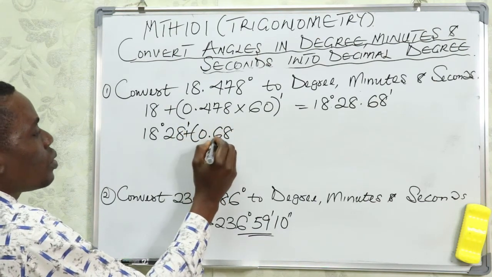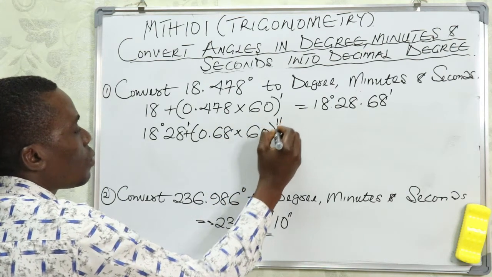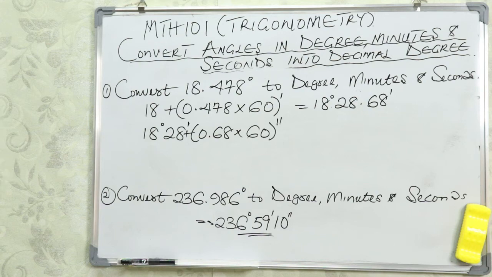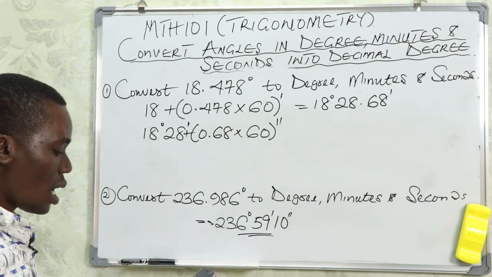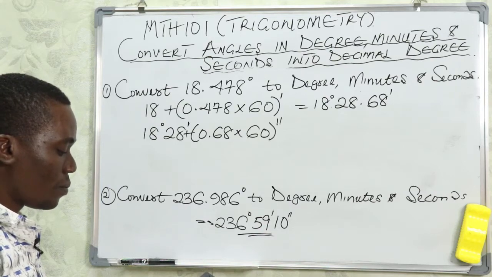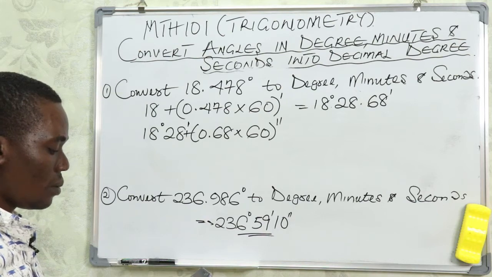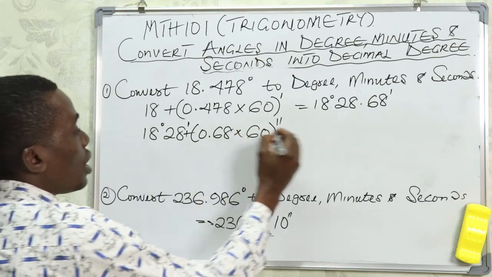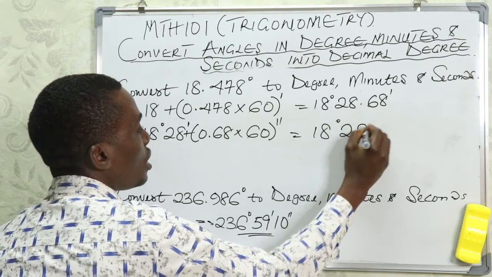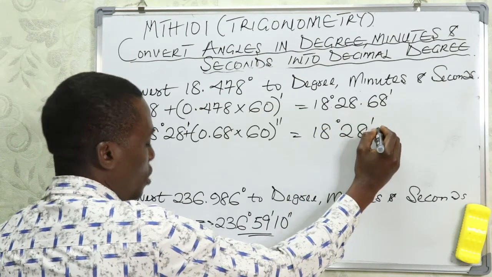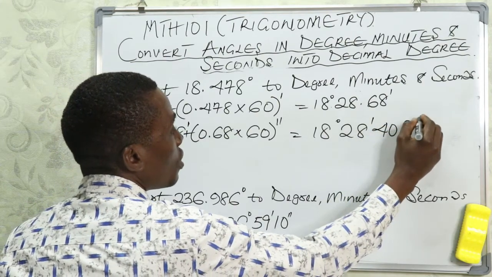We take 0.68 times 60, and that will give us the result in seconds. So if we times that with 60, we are going to have 0.68 times 60, which will now be equal to 18 degrees 28 minutes and 40.8 seconds.